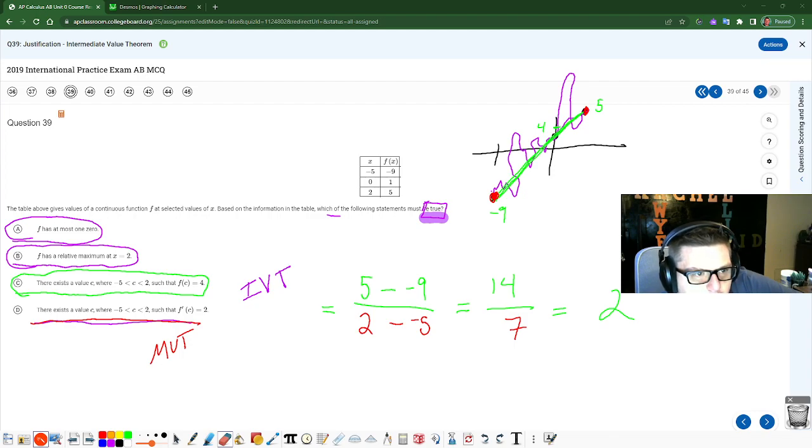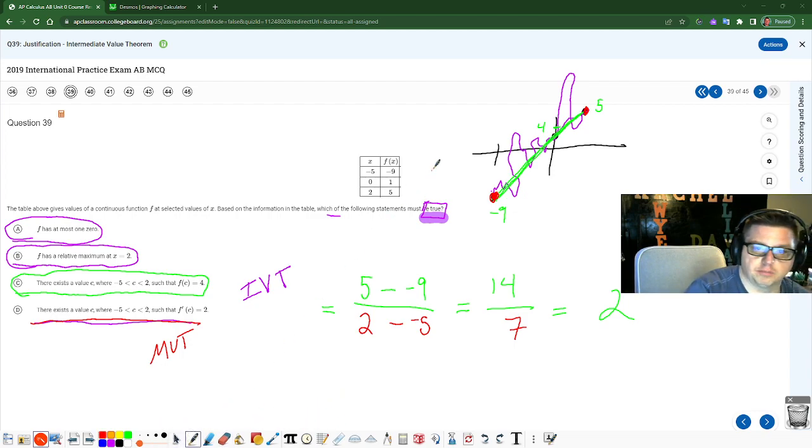The table above gives values of a continuous function f at selected values. Based on the information on the table, which of the following statements must be true? There exists a value c between -5 and 2 such that that c value is going to hit 4. I totally agree with that. I know between -5 and 2, my x values, you are going to go through 4.